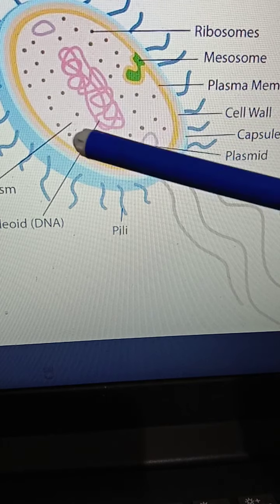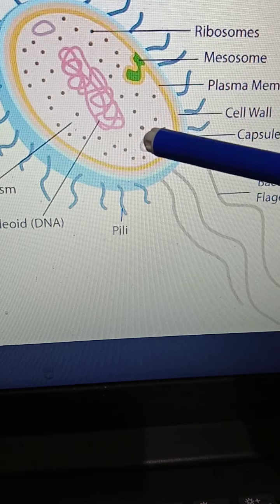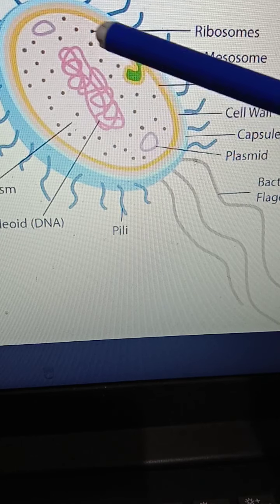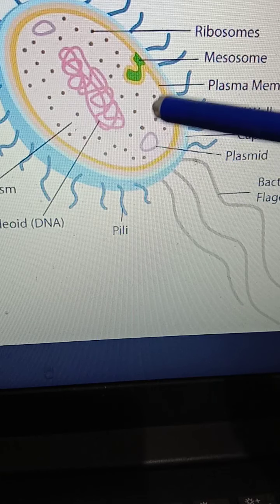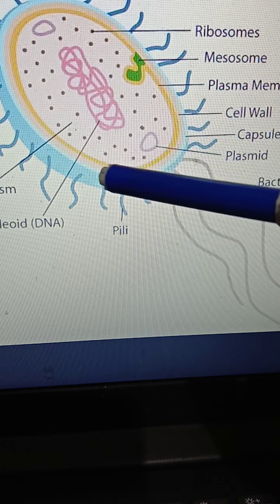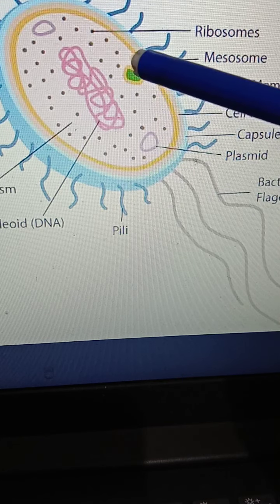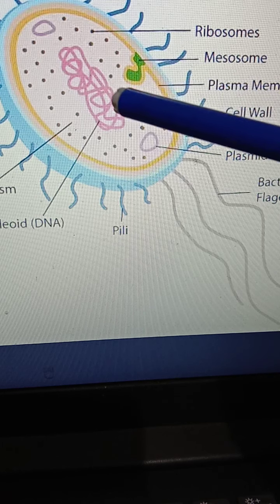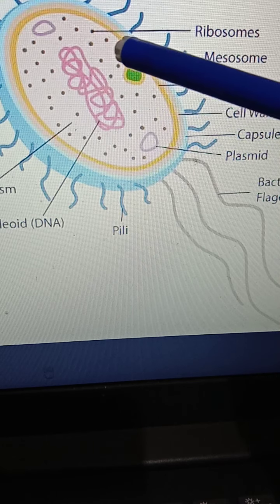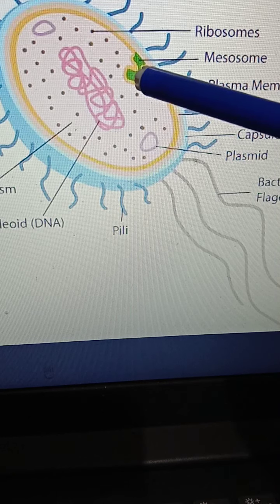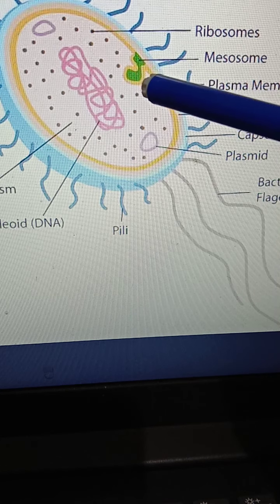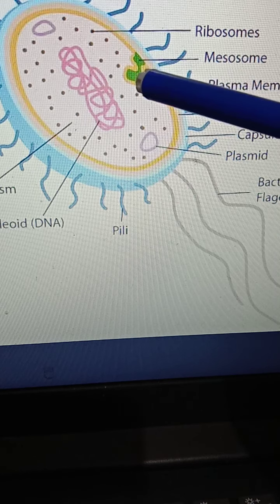Remember, the outside of the prokaryote is covered by the plasma membrane, and within it the membrane invaginates to form the mesosomes. These mesosomes carry the respiratory pigment, and sometimes they also carry photosynthetic pigment. At that time they are known as thylakoids.